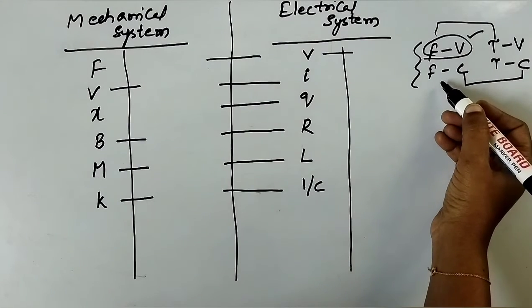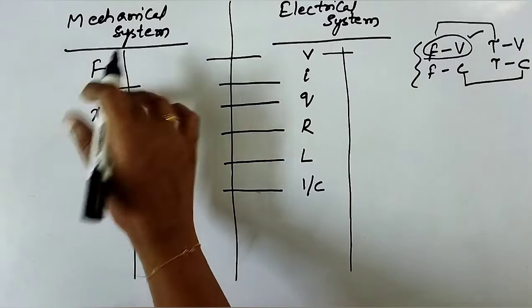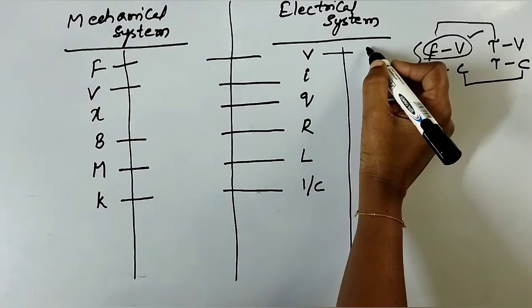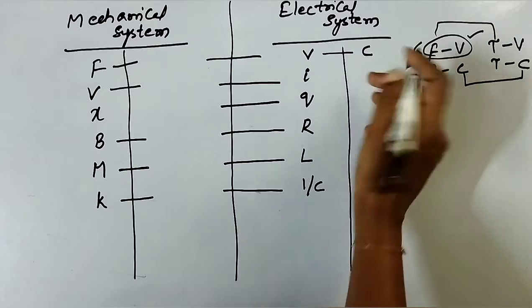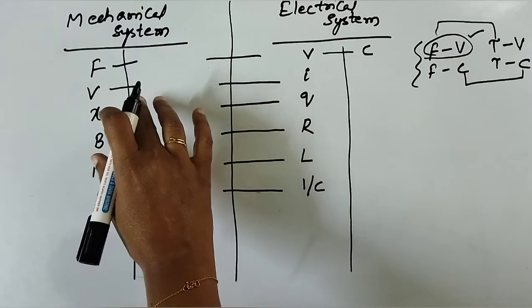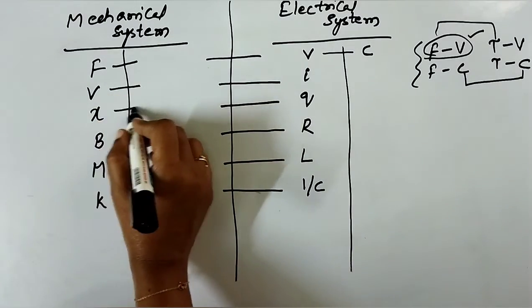Now we'll see the force current analogy, where current is the input. Force is the input in the mechanical system, and the current source is the input for the electrical system. The output would be displacement or velocity in the mechanical system.